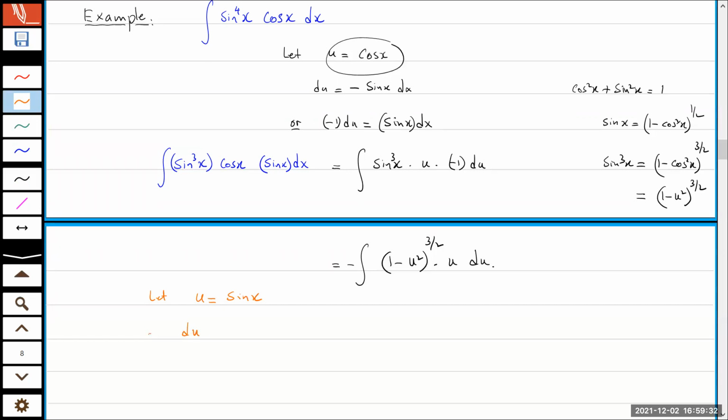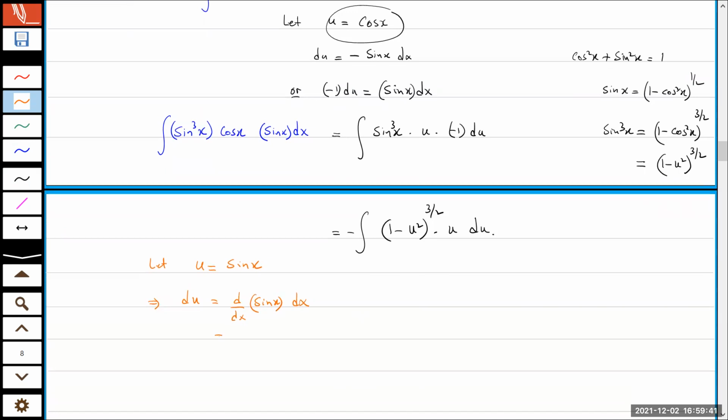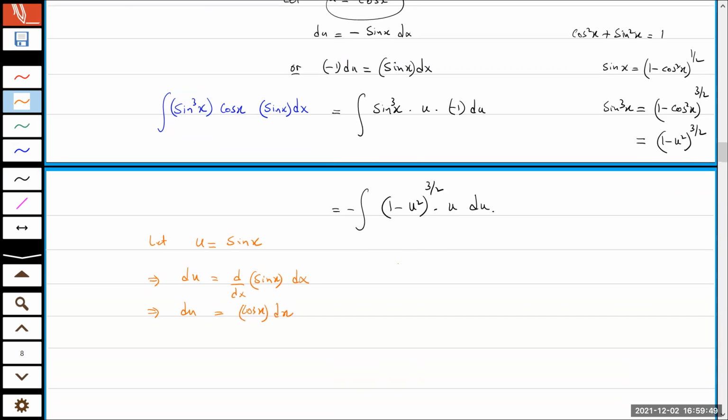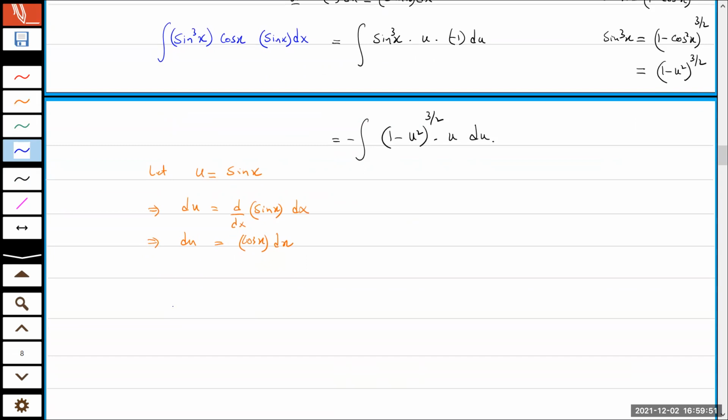This gives me du equals d/dx of sine x times dx. This is cos x dx. Wonderful. Now I rewrite my integral: sine to the 4 x cos x dx. Sine is chosen as u, so u to the 4.